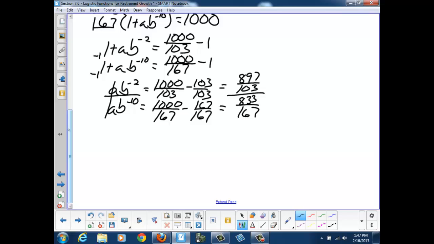So negative 2 minus a negative 10 gives me b to the 8th, and that's going to be 897 over 103 times the reciprocal of the denominator, so 167 over 833. And then to solve for b, I need to take the 8th root, or raise it to the 1/8 power.